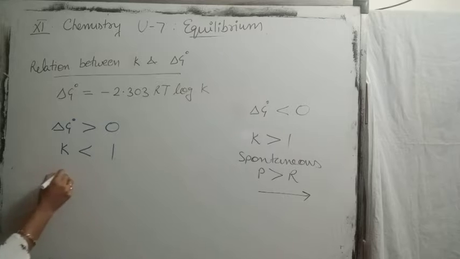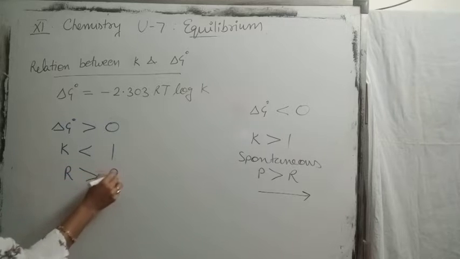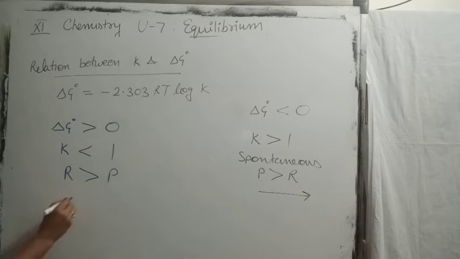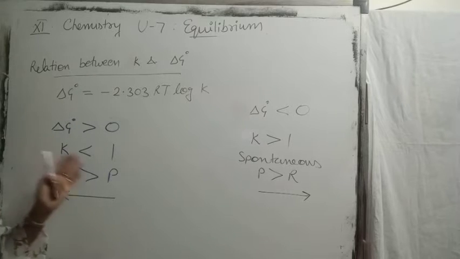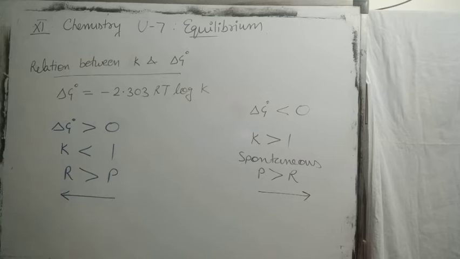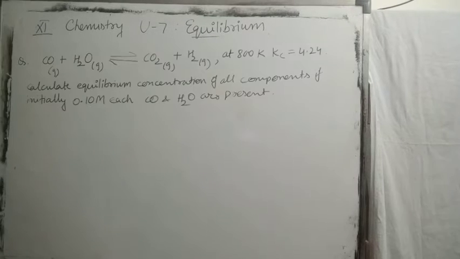It is non-spontaneous, reactants predominate over products, or we can say the reaction has a tendency to go in the backward direction. So in this way, by comparing all these parameters, we can easily tell the direction of reaction. Just go through this numerical.